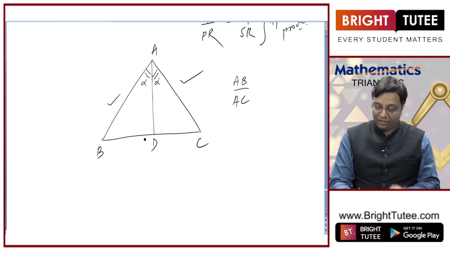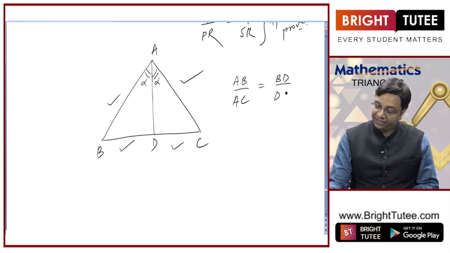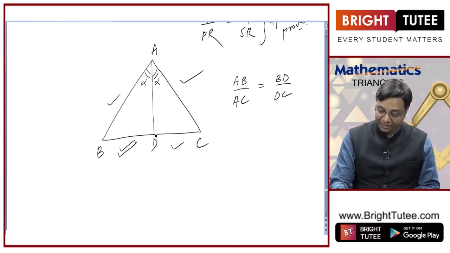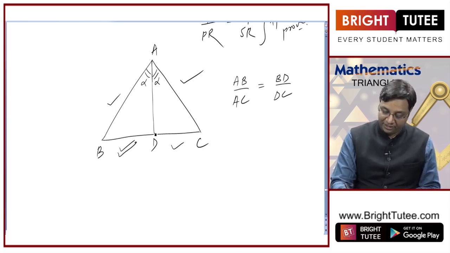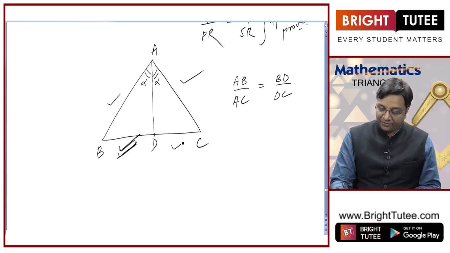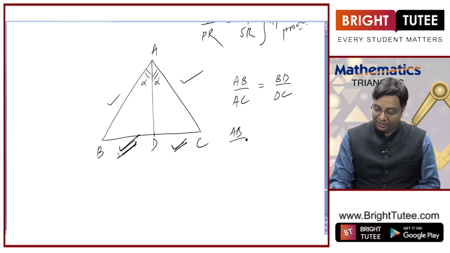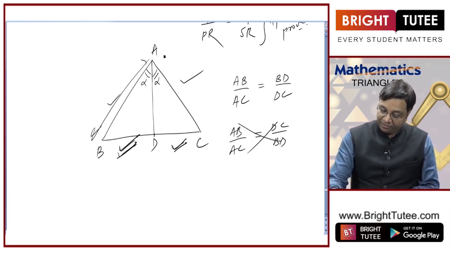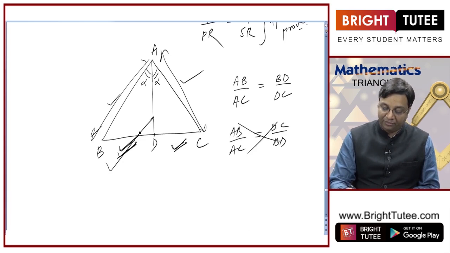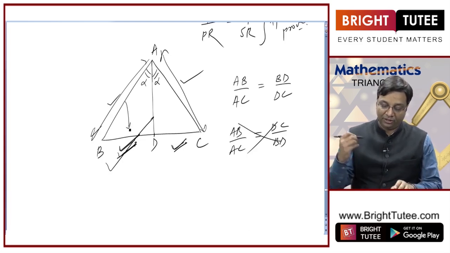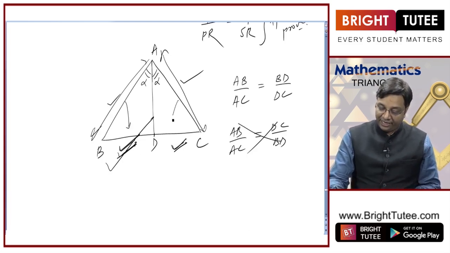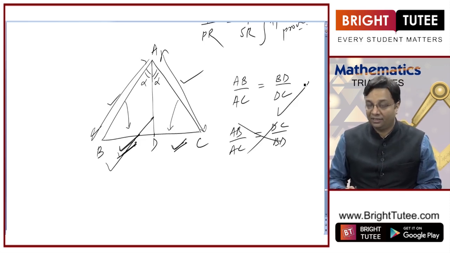It will be equal to BD by DC, the ratio of corresponding segments made by this angular bisector. It will not be the other way around. Some students might make this mistake that AB by AC is equal to DC by BD. No. If you write AB by AC, then you take the corresponding segment of AB first, BD by DC. So this is the correct relationship.